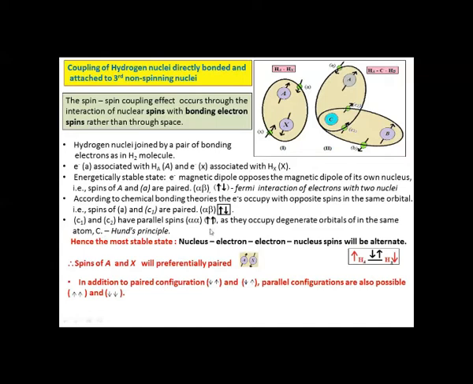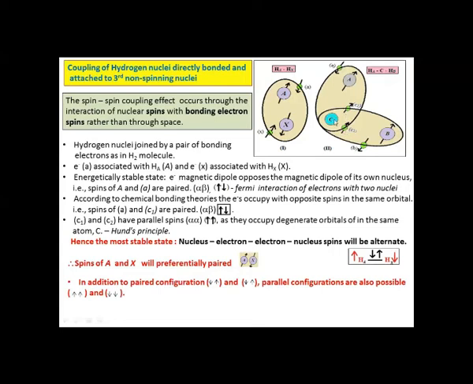The carbon atom has two unpaired electrons, and those two unpaired electrons will occupy each subshell with parallel spin according to Hund's rule of maximum multiplicity, before pairing happens. So in that condition, the C1 electron and C2 electron of the carbon atom will have parallel spins.